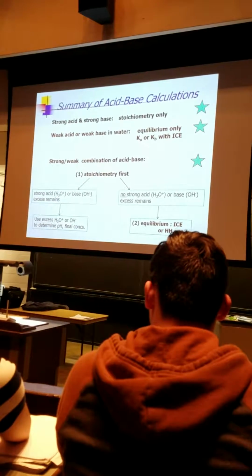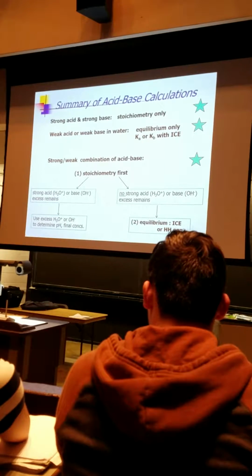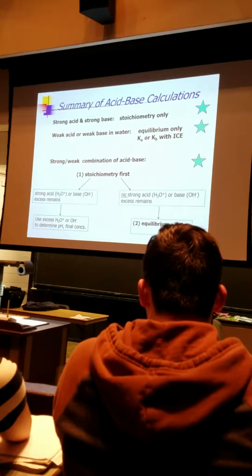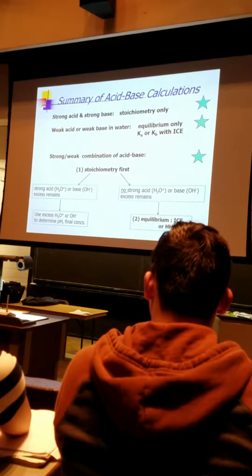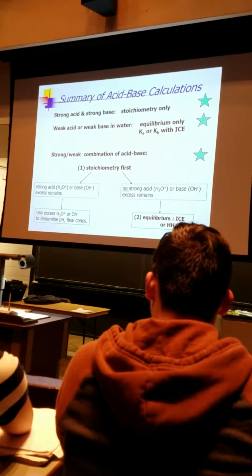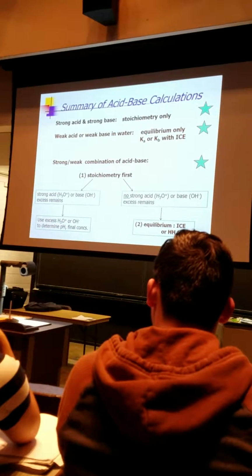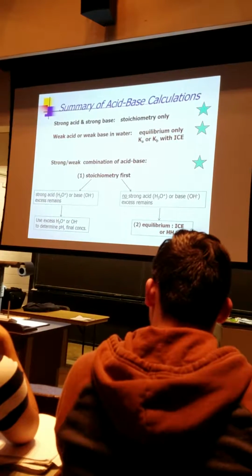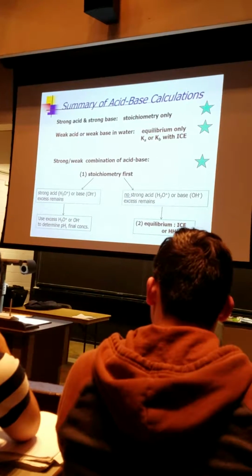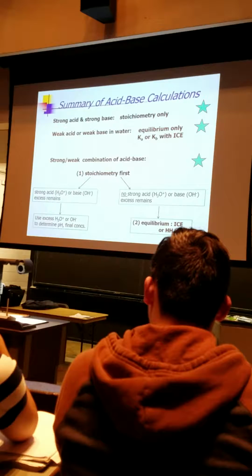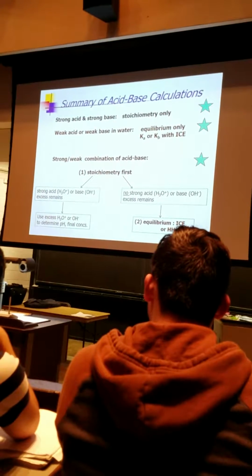You have to follow up that stoichiometry with an equilibrium calculation to fine-tune where your concentrations are. We've done some problems like that, and you can do either the Henderson-Hasselbalch equation or the ICE table. Keep in mind you have both weak acid on one side and conjugate base on the other as your initial concentrations after the stoichiometry reaction.